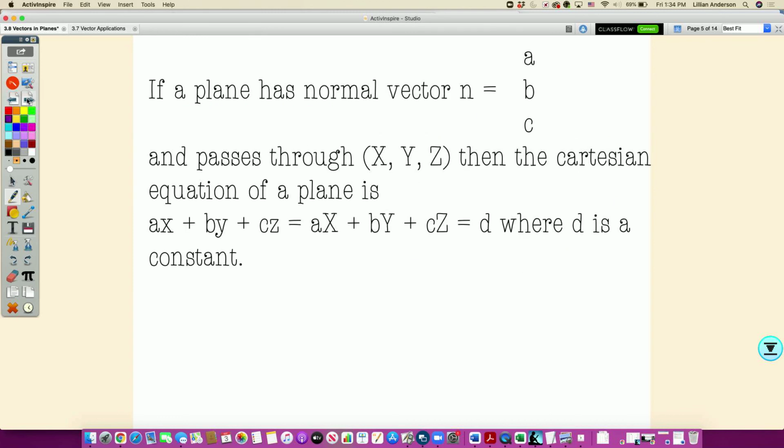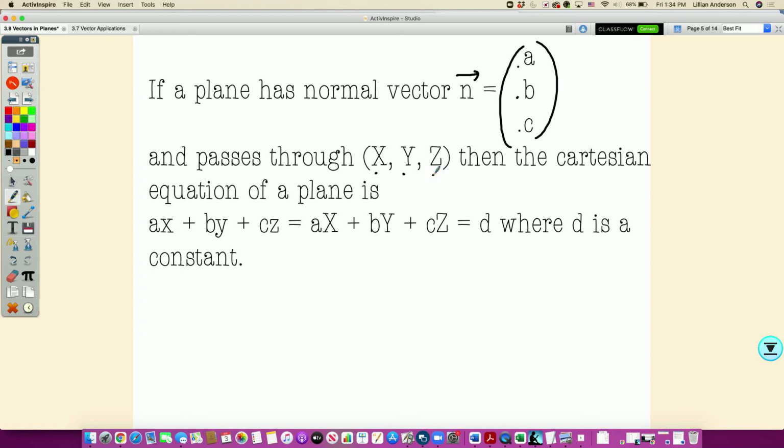If a plane has a normal vector N equal to A, B, C, of course those components, and passes through a point X, Y, Z, then the Cartesian equation of a plane is given to you here: AX plus BY plus CZ equals D, where D is a constant.